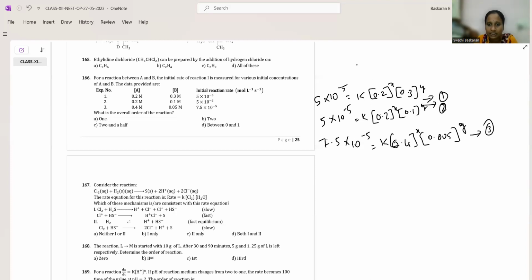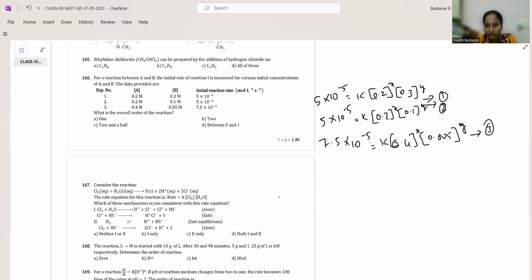Hence the rate and rate get cancelled and you will get one, and the concentration of A, that is 0.2 raised to the power X and 0.2 raised to the power X, will get cancelled, and basically you will get 0.3 divided by 0.1 raised to the power Y. So let us do it.